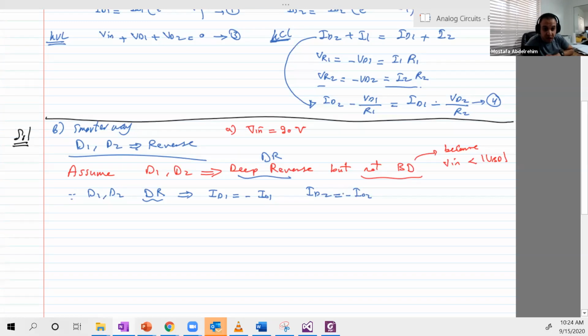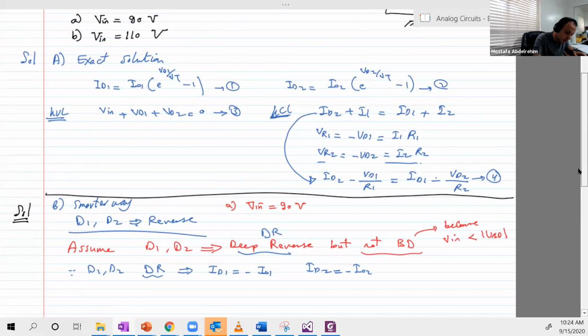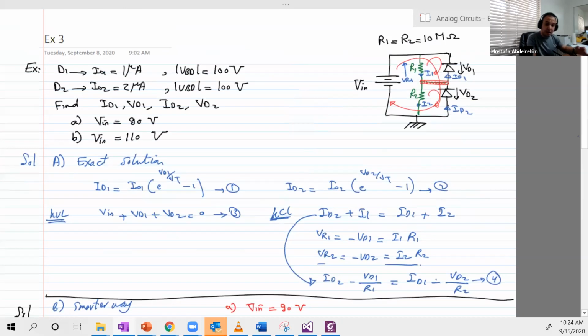Two of the unknowns are solved now in a very easy way. Now, how are we gonna get VD1 and VD2? Basically, look at the circuit. You will find very interesting stuff here.